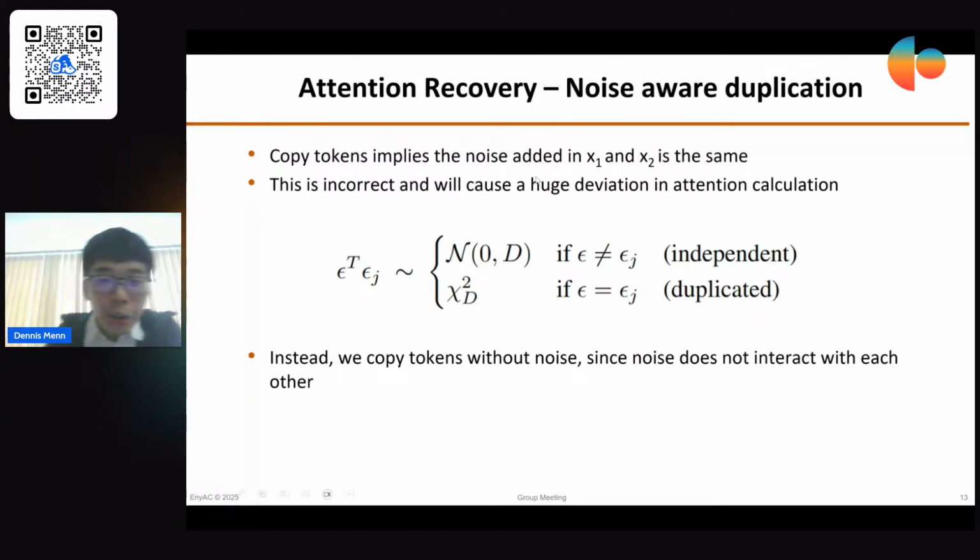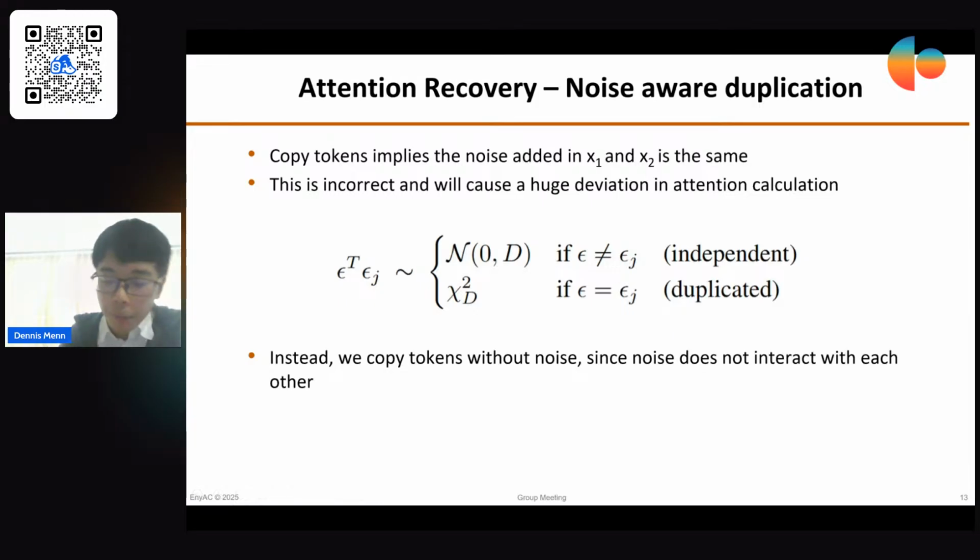So actually, direct duplicating does not work. You have to filter out noise or use tokens without noise. Either way will do. So you will avoid this noise distribution mismatch issue.